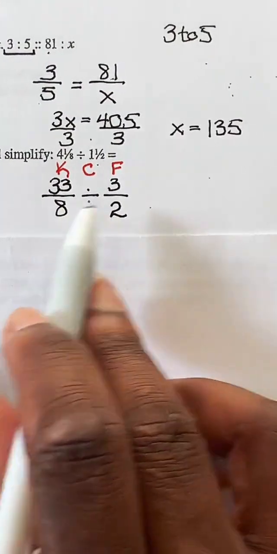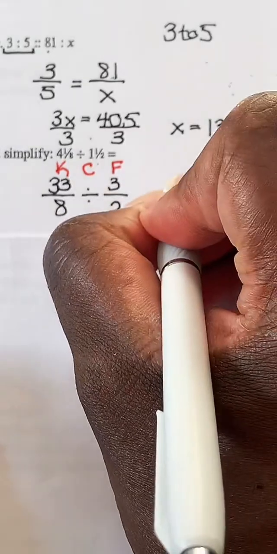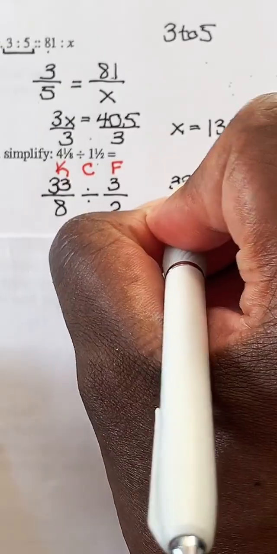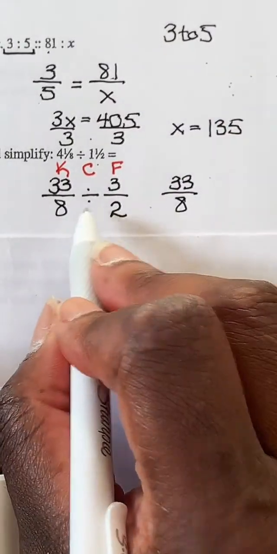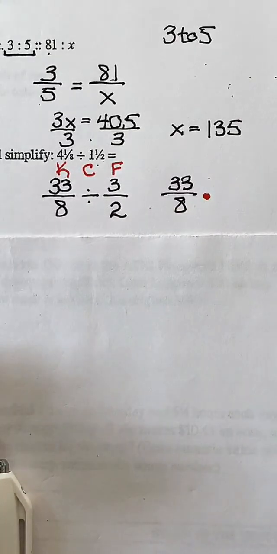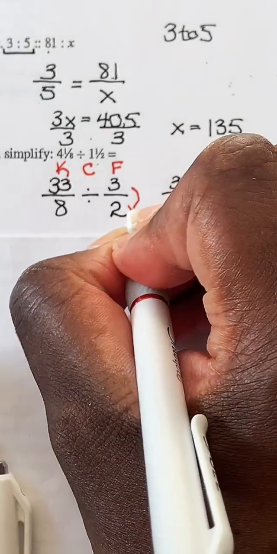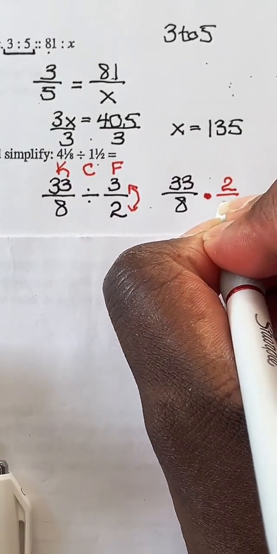You keep the first fraction, so that will be our 33/8. We're going to change the division to multiplication because that's its inverse. And then we're going to flip, so that's where you get your 2 over 3.